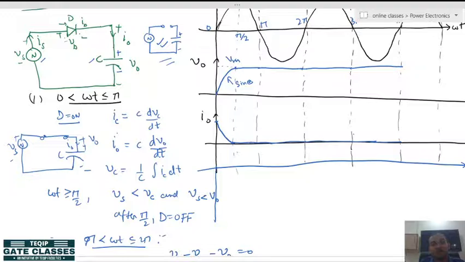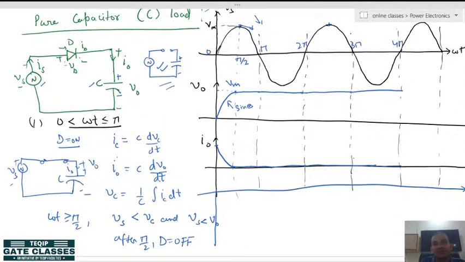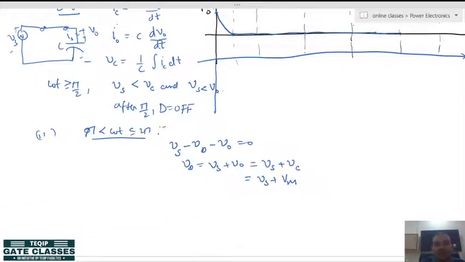It means if you are drawing this negative cycle, this whole sine wave will get shifted by Vm. The upward portion of this sine wave will get shifted downward by Vm.